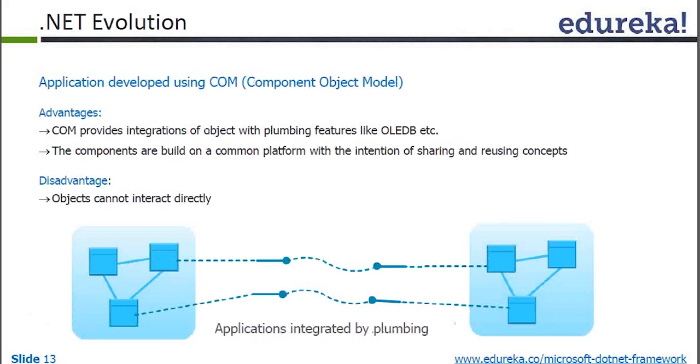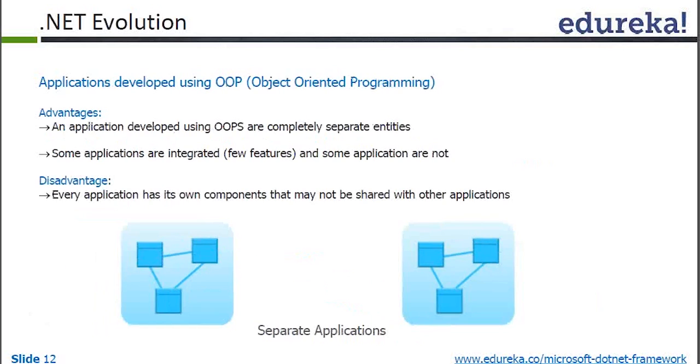Before that we had OOP models. But what are OOPs? OOPs are nothing but separate entities, available in a separate place where we can store and restrict manipulation. So OOPs are completely individual entities.